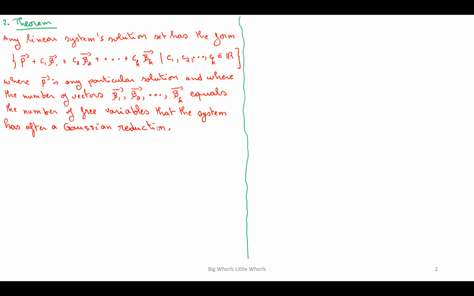Okay, so I think this theorem is easier to follow based on the introduction we have just seen.